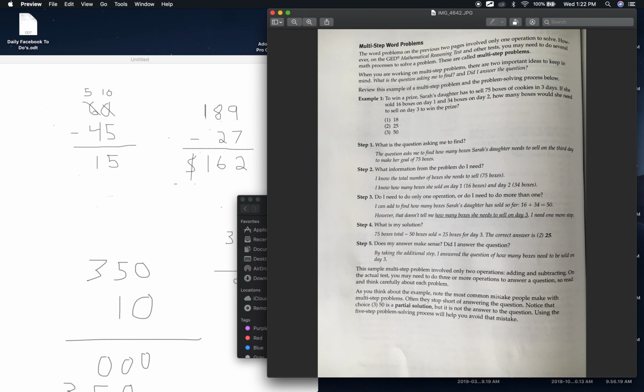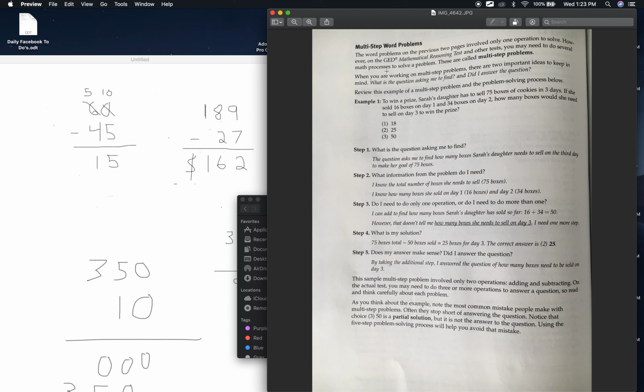Okay, the word problems on the previous 2 pages involved only one operation to solve. However, on the GED mathematical reasoning test and other tests, you may need to do several math processes to solve a problem. These are called multi-step problems.